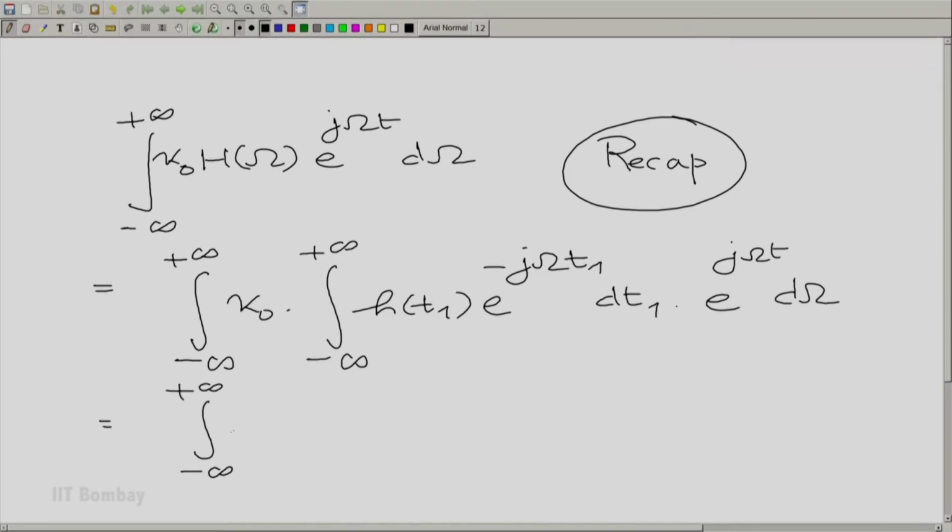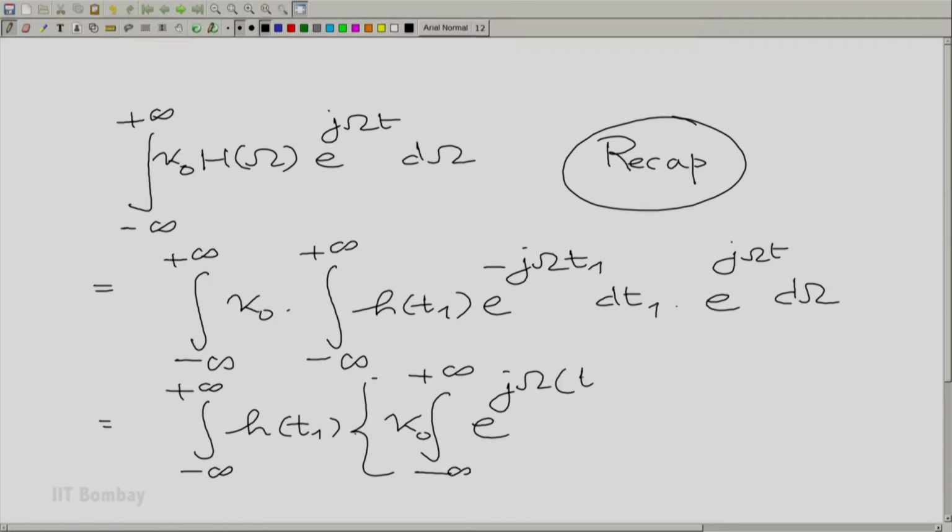We said you could keep h(t1) outside and then take the omega integral inside, and kappa 0 being a constant we could keep that outside, and then look at the integral e raised to the power j omega (t minus t1) d omega, and this is then integrated with respect to t1.